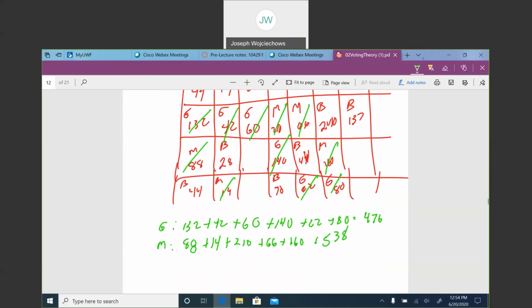And then we'll look at Bunny. 44, 28, 70, 44, 240, and 137.